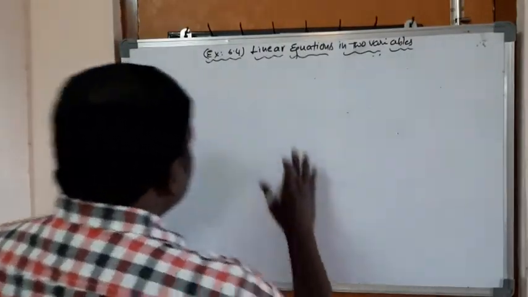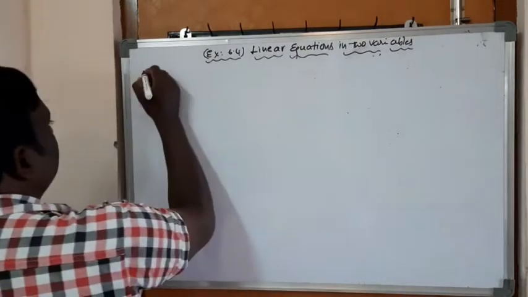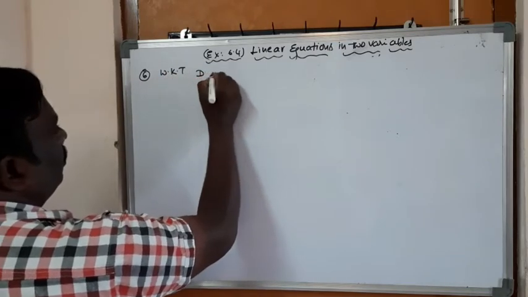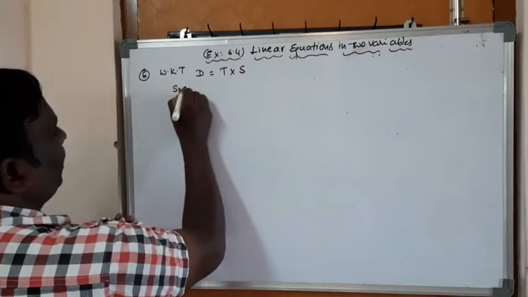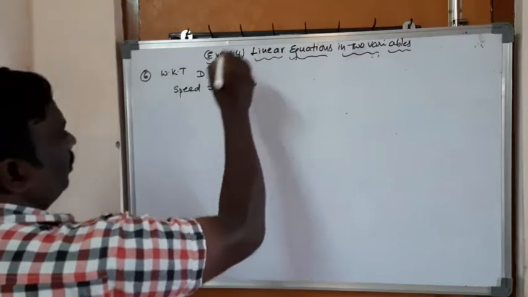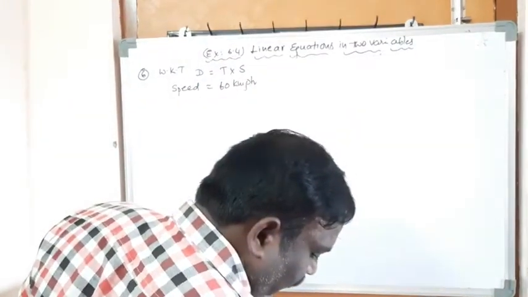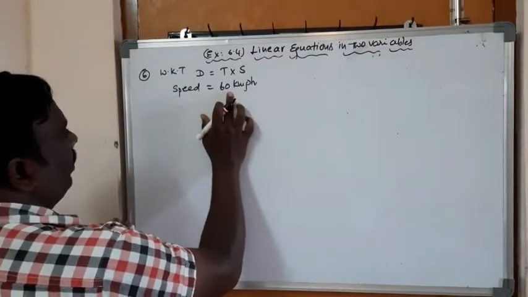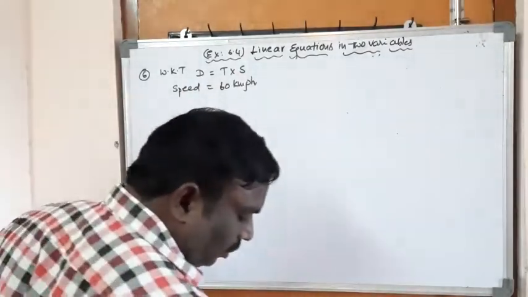So see here, question number 6. We know that distance equal to time into speed. What did they give? They gave speed. Speed equal to what? 60 km per hour. So when s equal to 60 km per hour, then distance equal to t into 60.